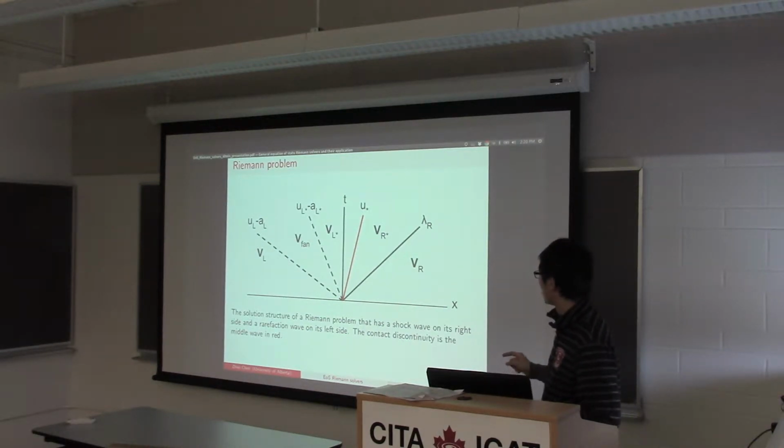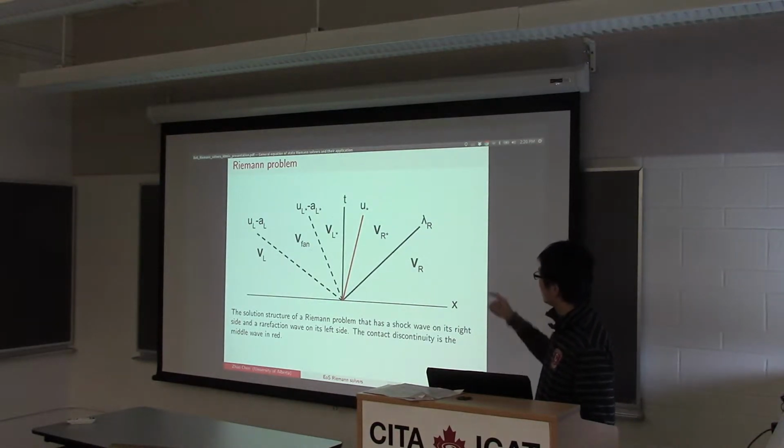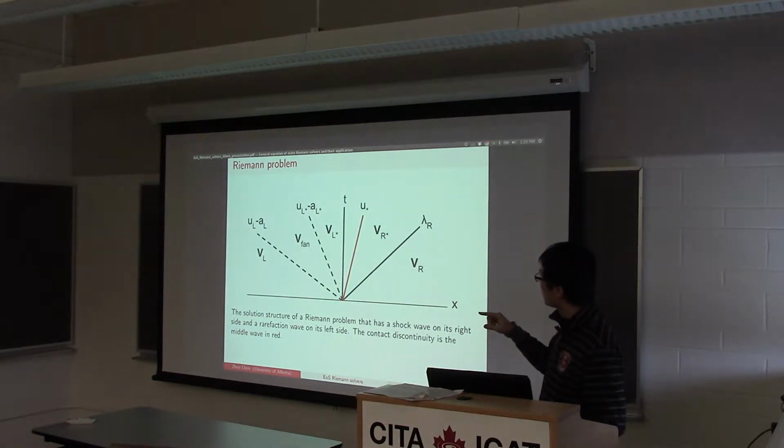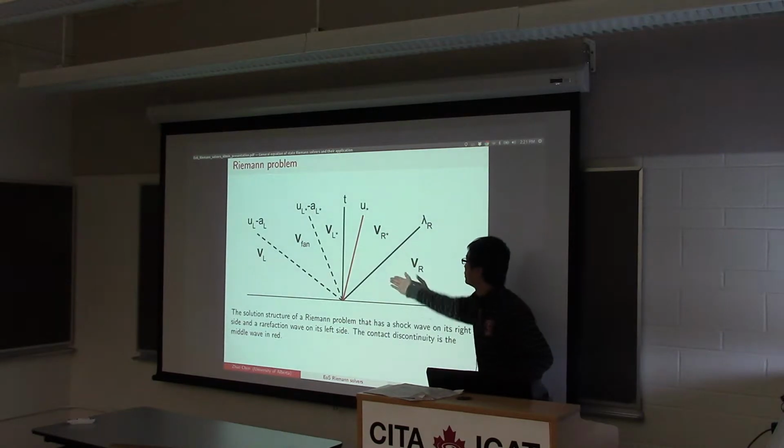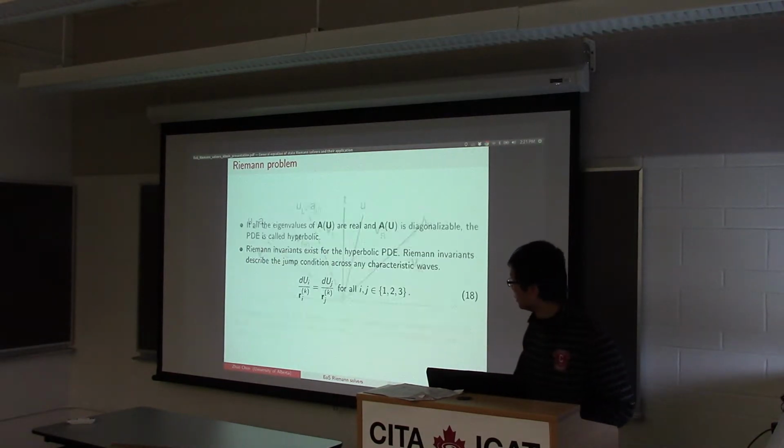The middle wave is also called the contact discontinuity, which is colored in red. This plot shows a rightward shock wave, which consists of a left rarefaction wave on its left-hand side and a shock front on the right-hand side.